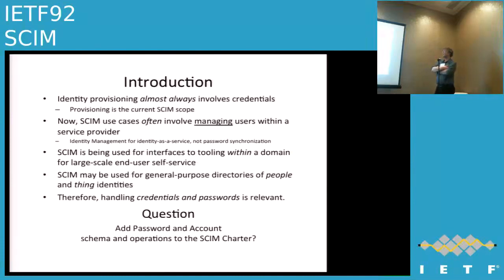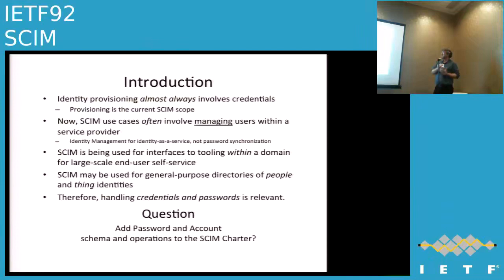The use cases often involve managing users within the service provider, not just creating and provisioning them and then having them go their separate ways as two different entities, but actually allowing things like a client application to let a user change, refine, reset, recover their account with that service provider, where it's not necessarily the same party being the service provider and the identity management client.